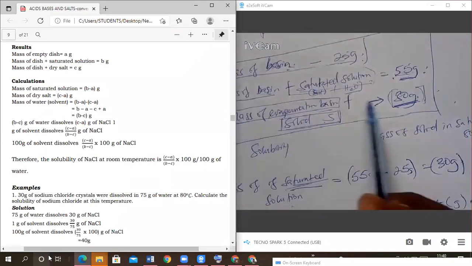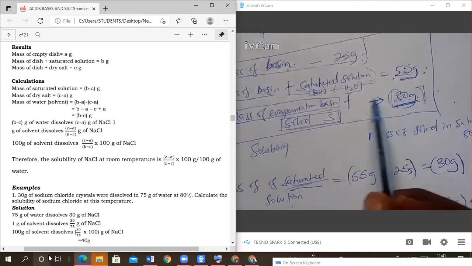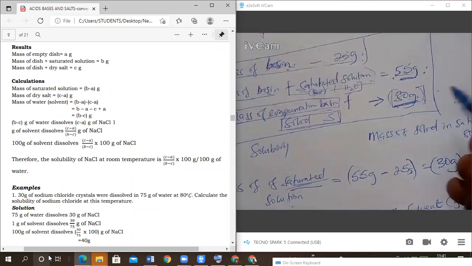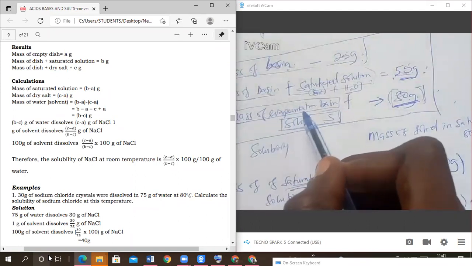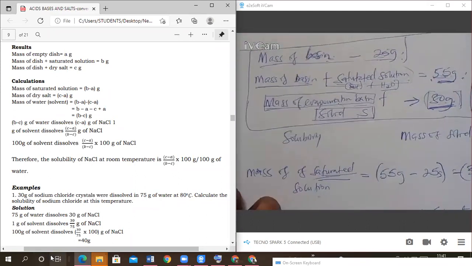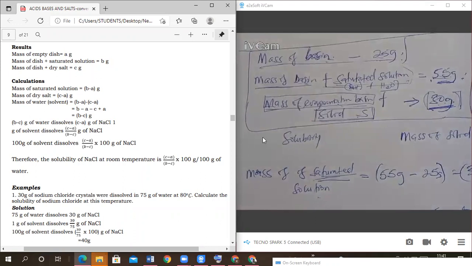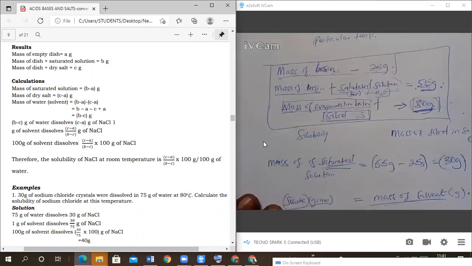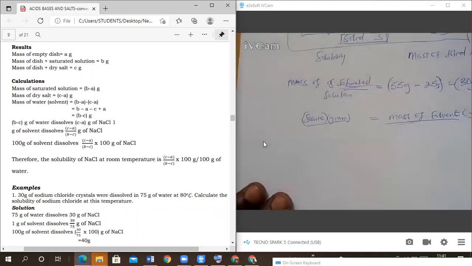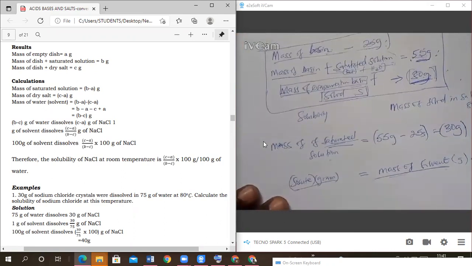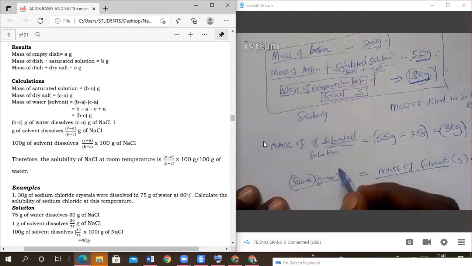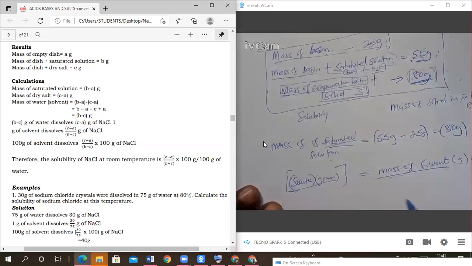If you have the mass of the solid and the dish, you have got the mass of the evaporating basin. What was the mass of the basin? Because we are looking for the mass of the solute.